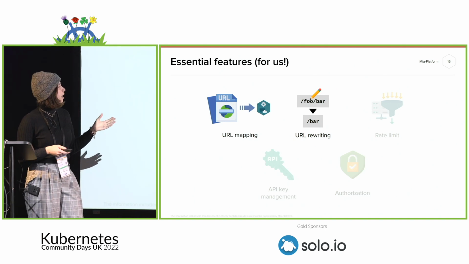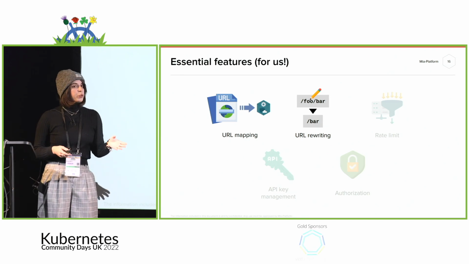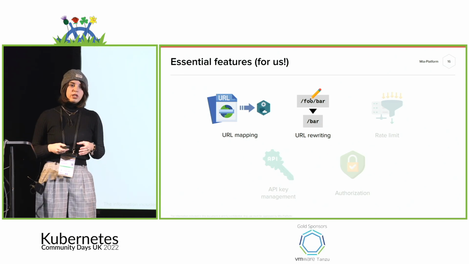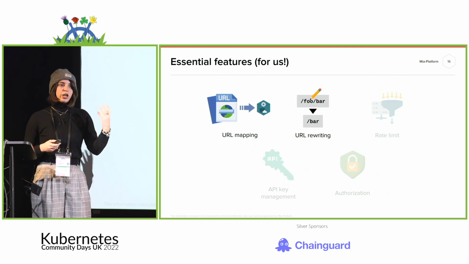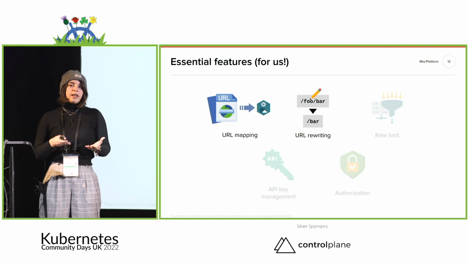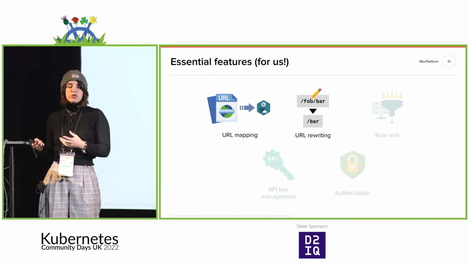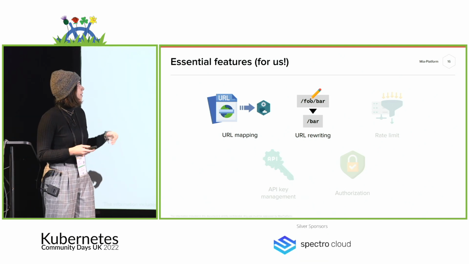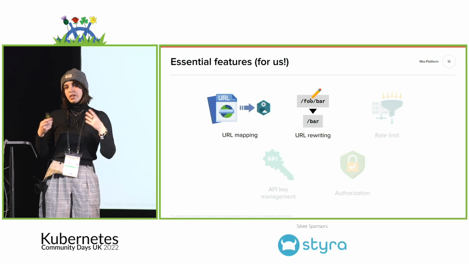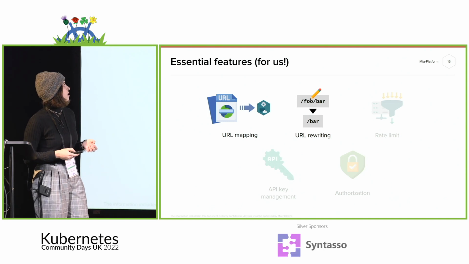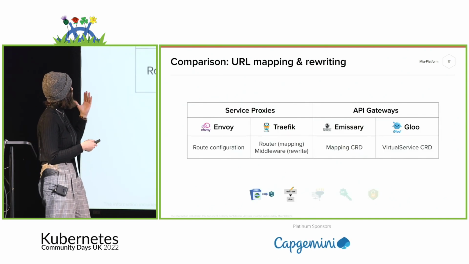So an API gateway needs to be able to rewrite the URL, because we do not always want to expose the APIs, the routes from our underlying microservices to the outside world. So this adds a layer of security, allowing us not to expose the routes to the outside world and letting the API gateway rewrite the routes in order to have them be accepted by the underlying services. This is implemented in quite a similar way in these different tools.